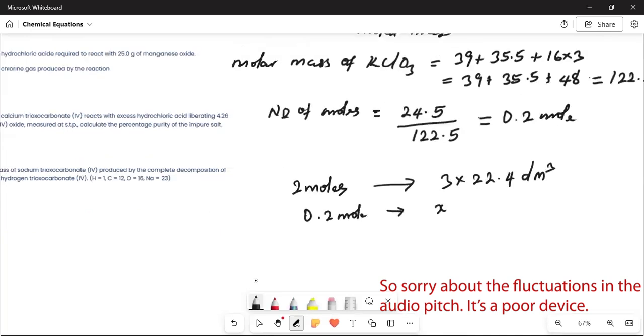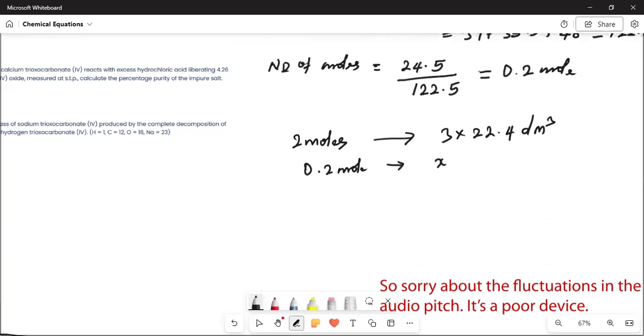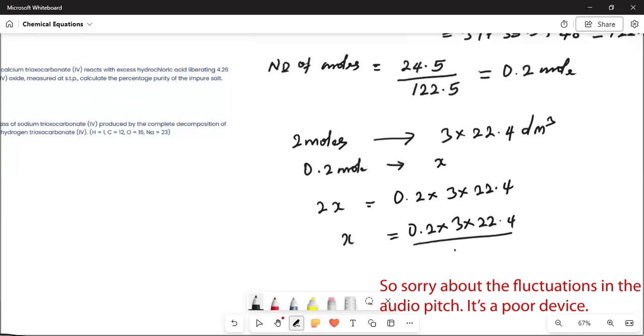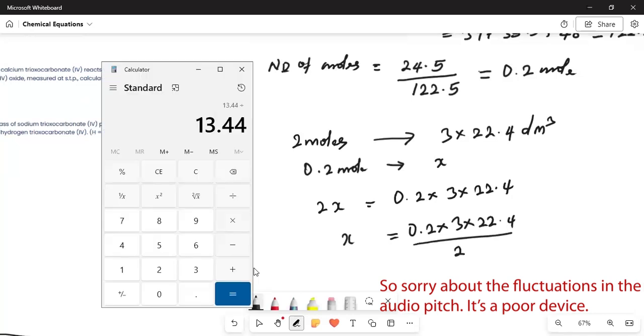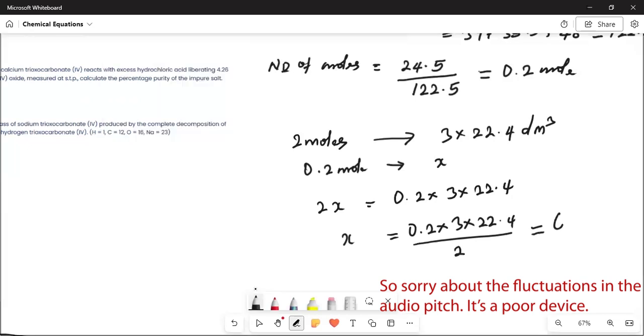So when we cross multiply this, 2 times x is 2x, equal to 0.2 times 3 times 22.4. X therefore is 0.2 times 3 times 22.4 divided by 2, which is 6.72 dm³ of oxygen, the volume of oxygen produced.